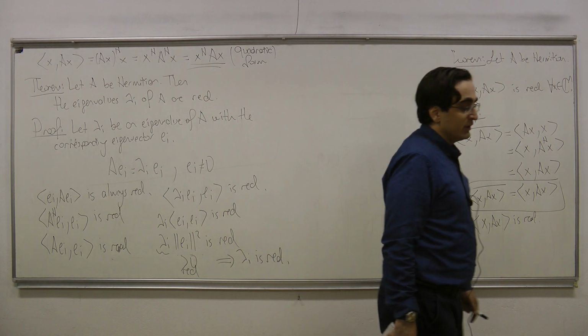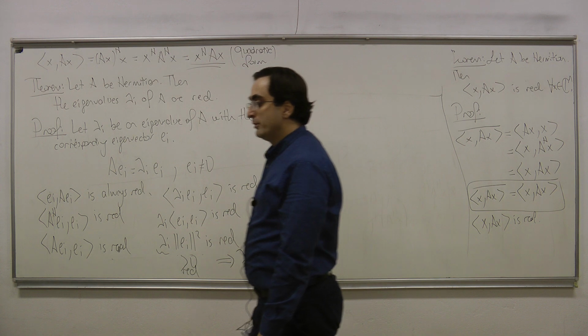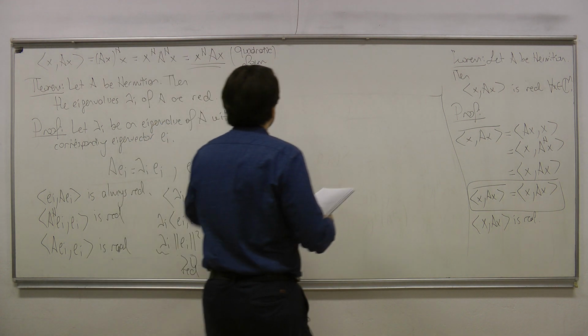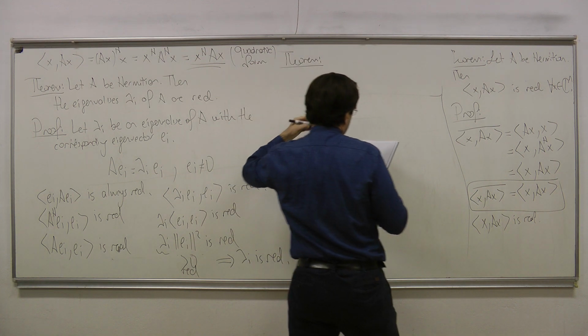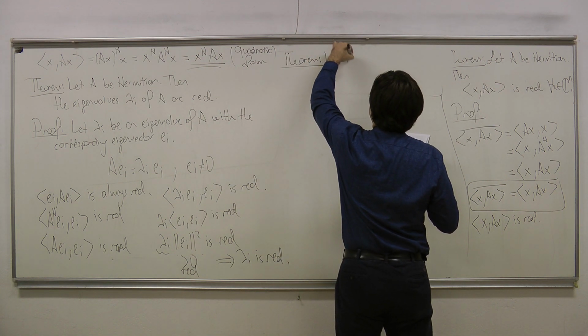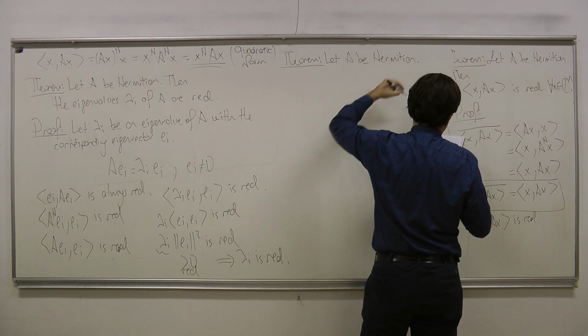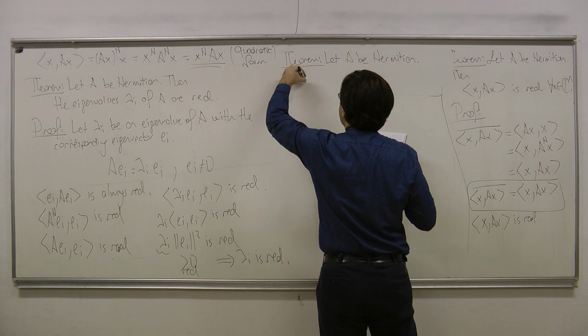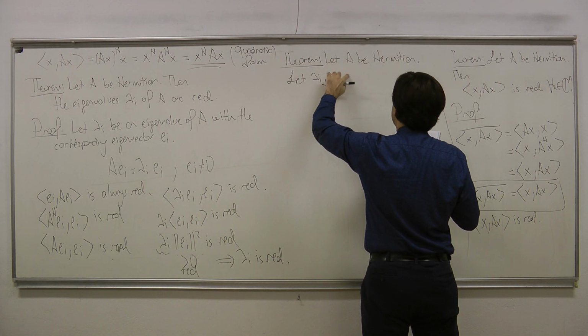We see now in the next theorem that this is a general property of Hermitian matrices. Let us write the theorem. Let A be Hermitian. Let lambda I, lambda j be two distinct eigenvalues.